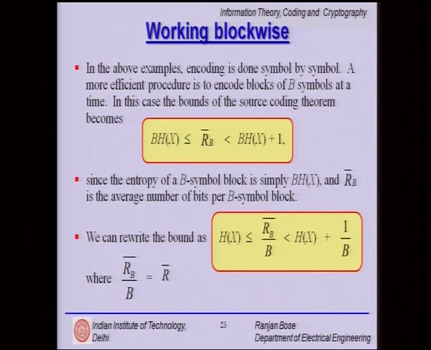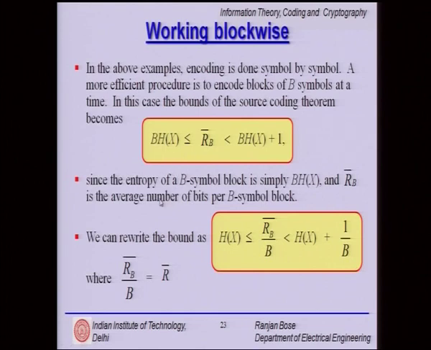Now let us look at a slightly different approach. We ask ourselves the question, why do we work only symbol wise? What if we combine two or more symbols together? Suppose we have a bit stream and we do not work symbol by symbol, but by blocks of symbols.